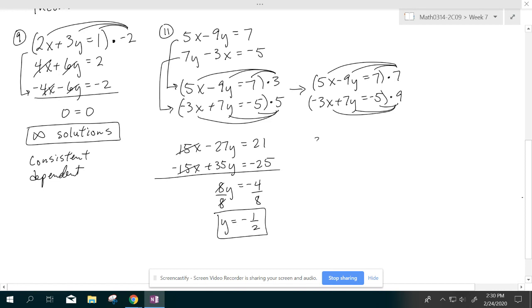Seven times 5. Okay, 35x, 63y, 49. Negative 27x, 63y, 5.